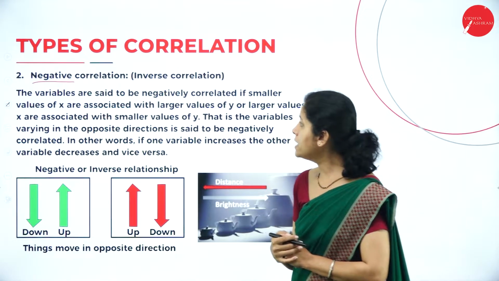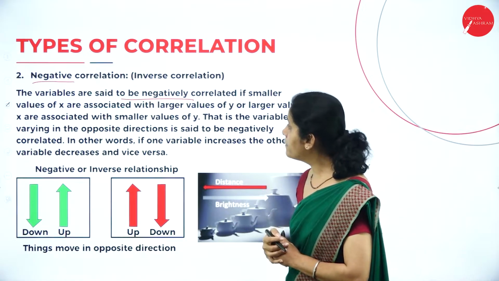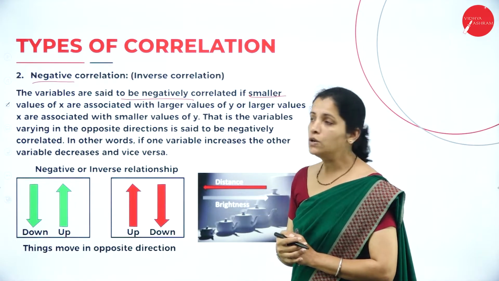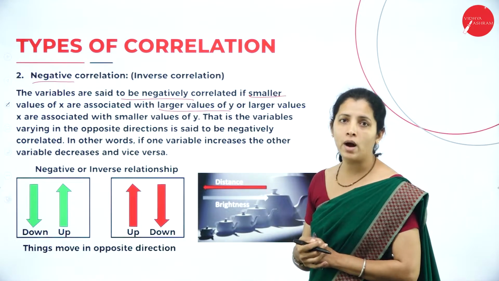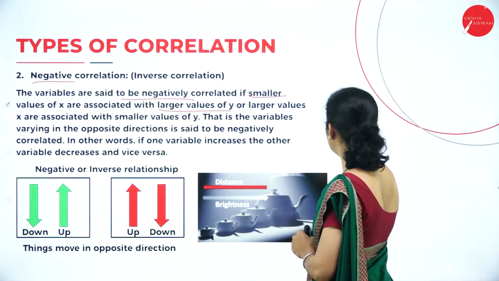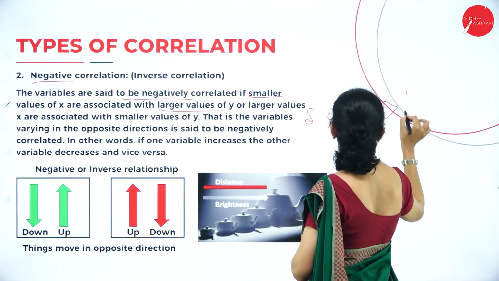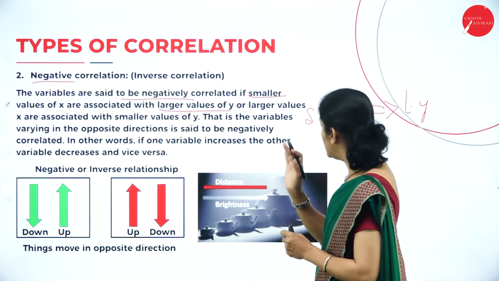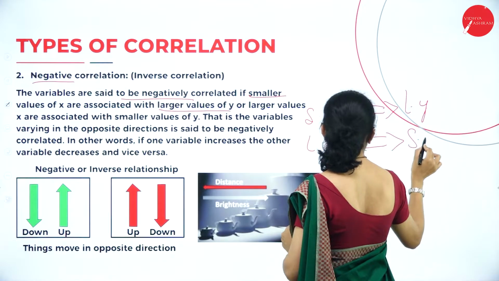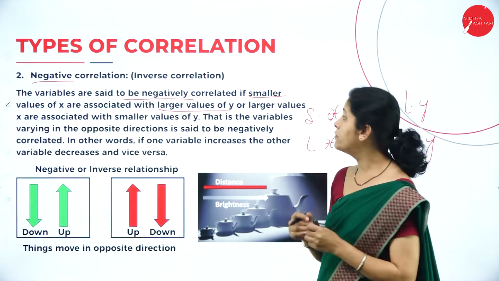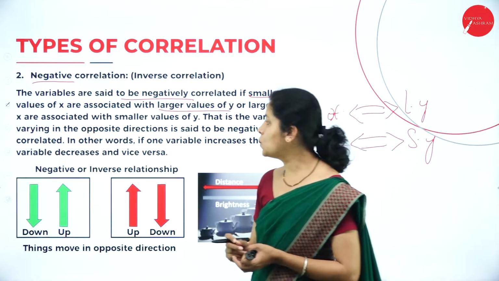Here the variables are said to be negatively correlated if smaller values of x are associated with larger values of y, or larger values of x are associated with smaller values of y, and this kind of relationship is known as negative correlation or inverse correlation.